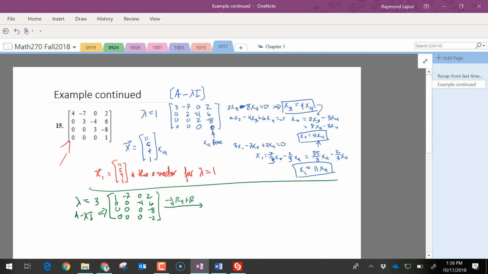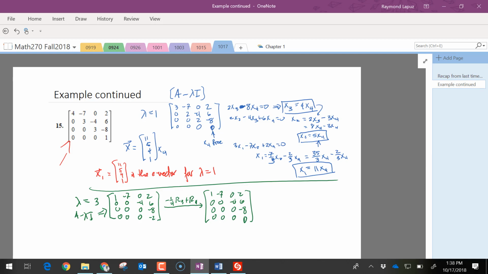R3 plus R4. That'll just get rid of that one. So we have 1, minus 7, 0, 2; 0, 0, minus 4, 6; 0, 0, 0, minus 8; 0, 0, 0, 0. I think it's already reduced, right?